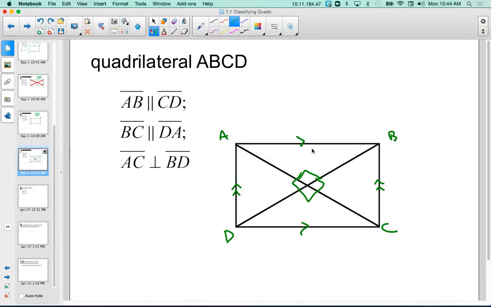Well, the opposite sides being parallel, two pairs of them, tells me it's a parallelogram. So what parallelograms have diagonals that are perpendicular? Well, guess what? We're back to our square and rhombus again.